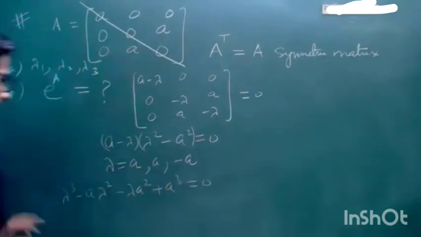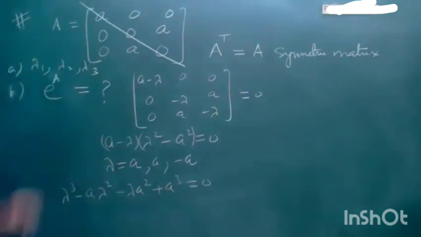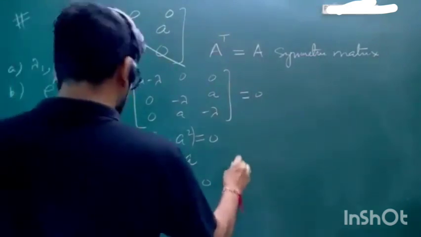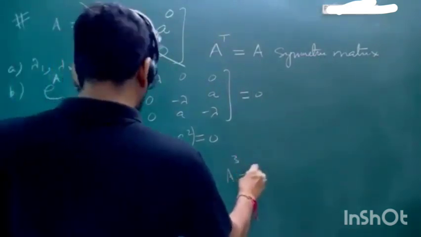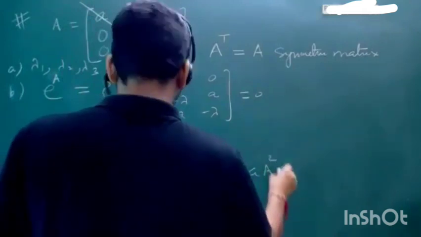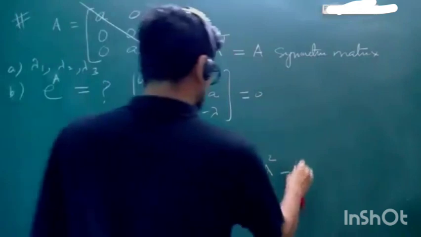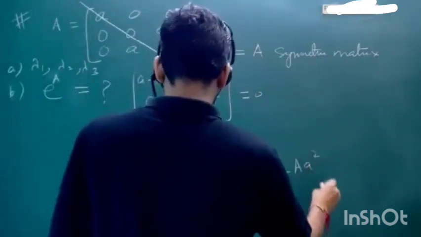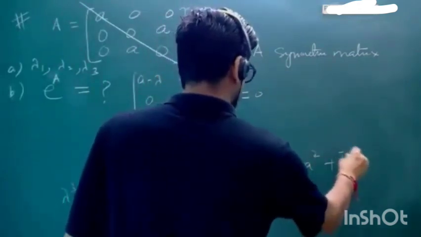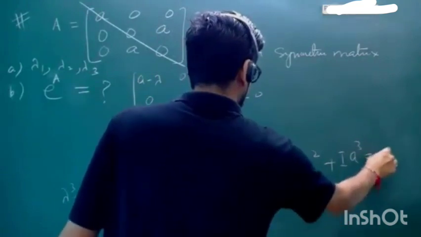Because of the Cayley-Hamilton theorem, it will follow its own equation. So A cube minus a A square minus a square A plus a cube I is equal to 0.